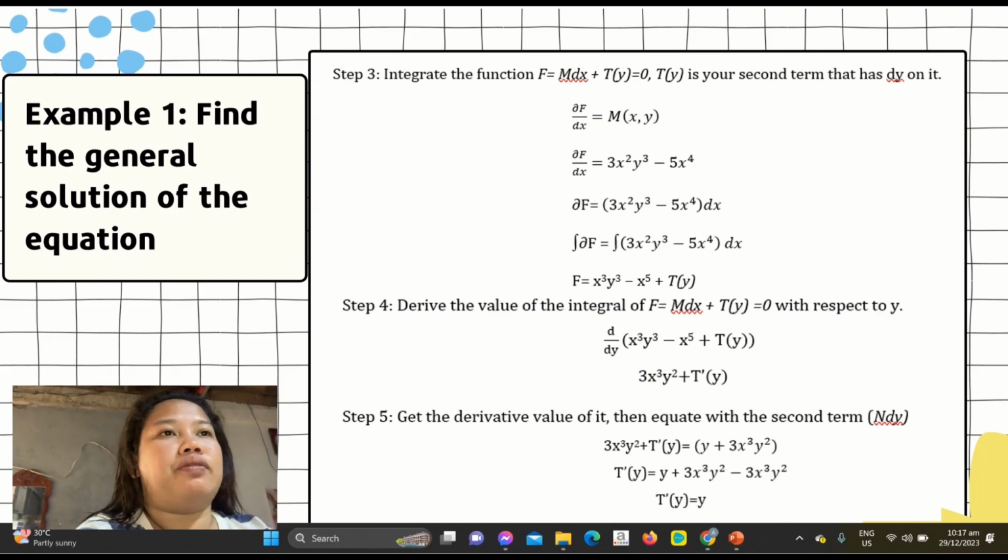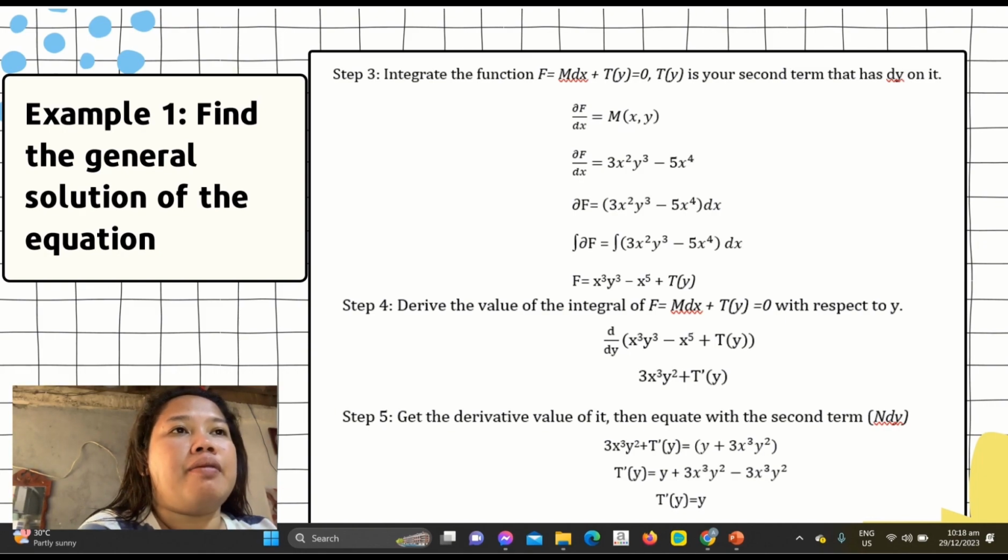So we have here the partial derivative of f with respect to x equals m of x and y. We know that m dx is equivalent to 3x squared y cubed minus 5x to the power of 4.